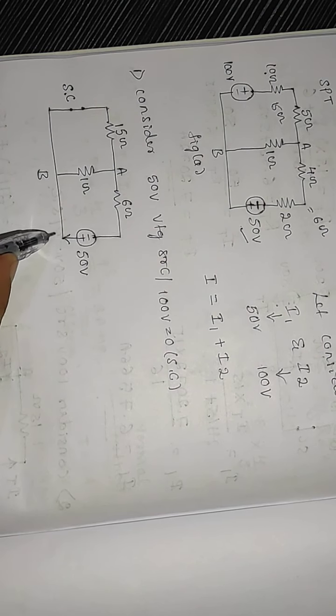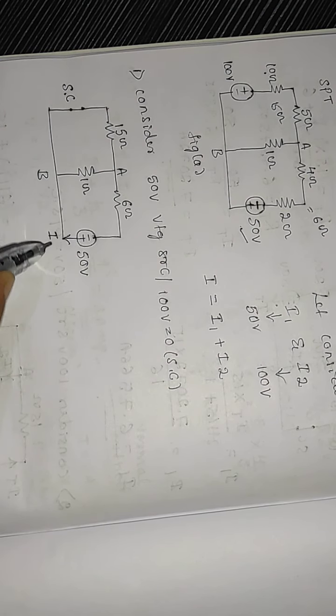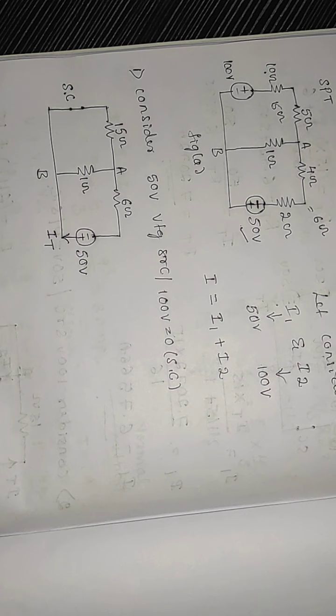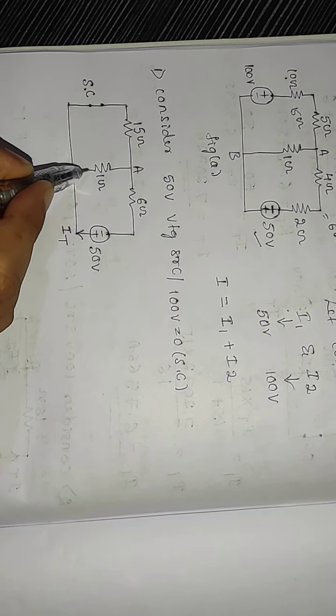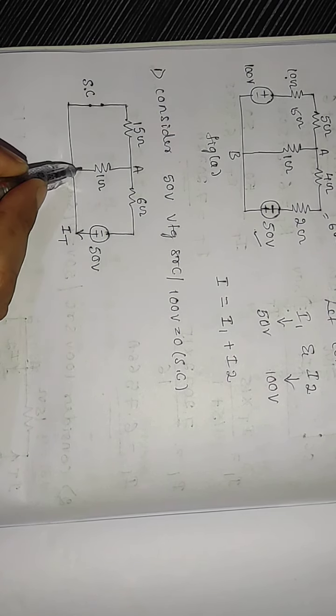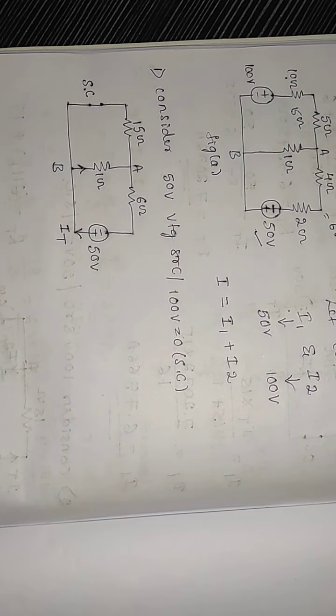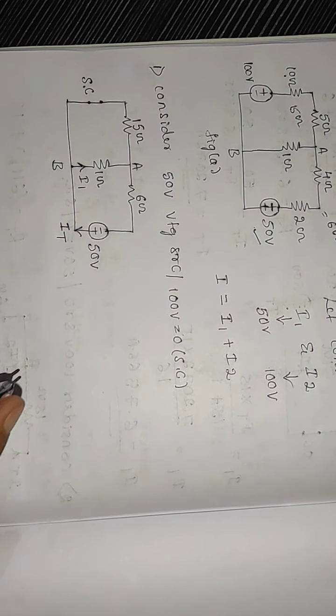Take this current as the total current IT. That current will divide at this node, right? The current direction in the 1 ohm resistor due to this 50 volt is from B to A, right? That is the I1 current. You have to find the I1 current.